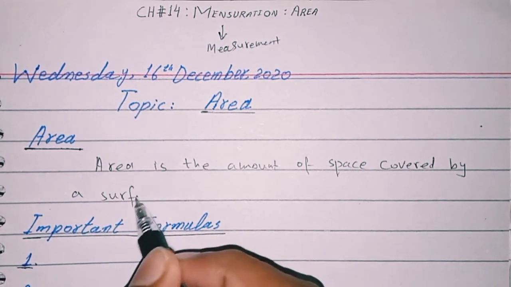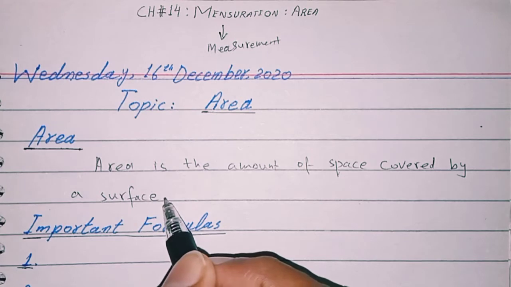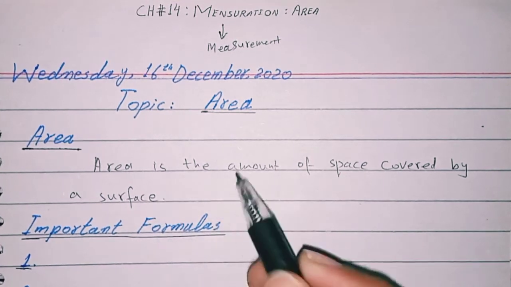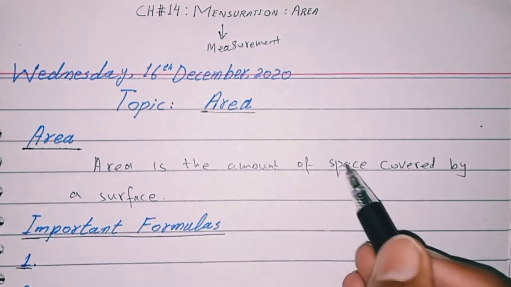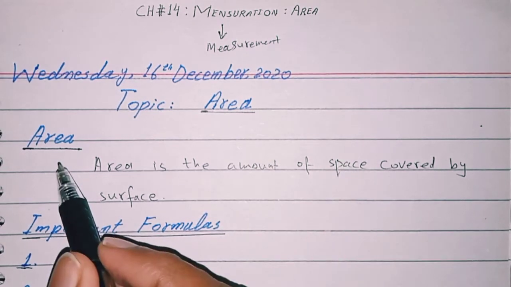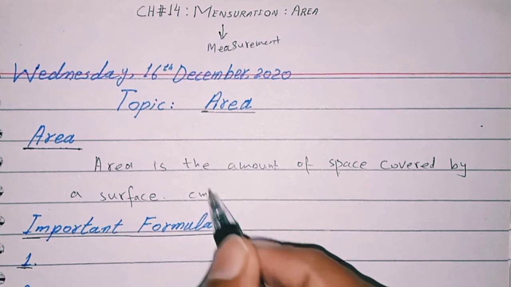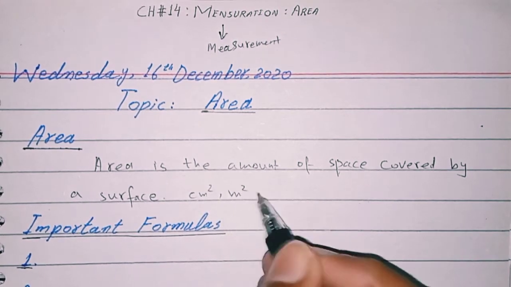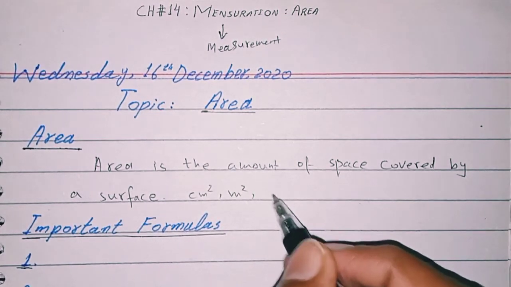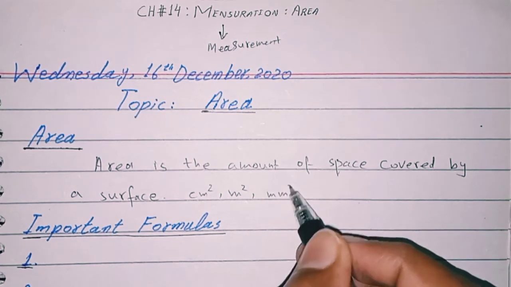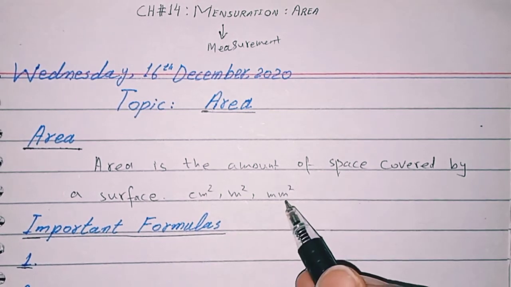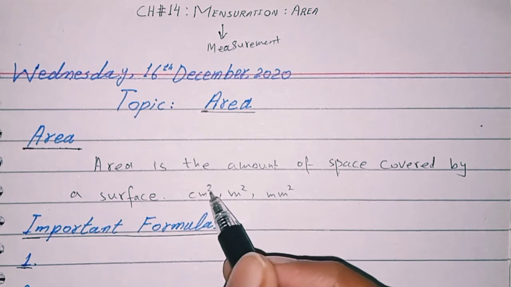Meaning to say, any surface that covers any space, that will be called area. Area has many units, that can be centimeter square or meter square or millimeter square. There are many length units that will be multiplied 2 times.